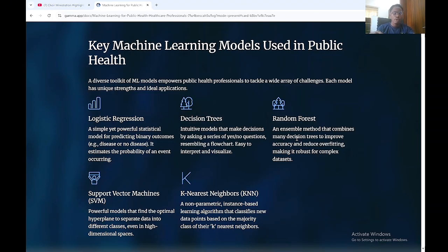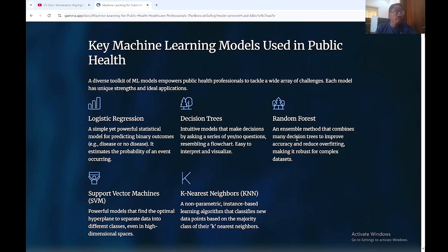We also have support vector machines, a powerful model that finds the optimal hyperplane to separate data into different classes, even in high dimensional spaces.